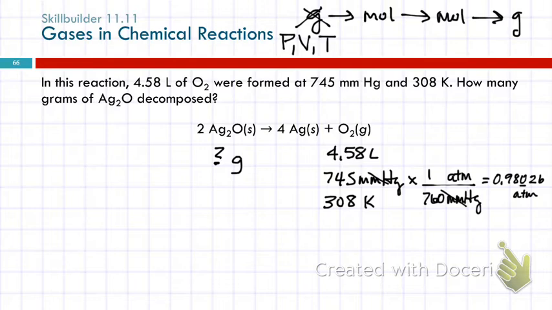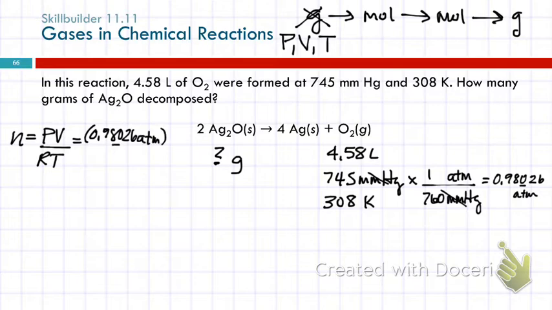So I'm going to calculate over here, the number of moles is equal to the pressure times the volume divided by R times the temperature. So the pressure, 0.98026 atmospheres. Oh, I don't have enough room.